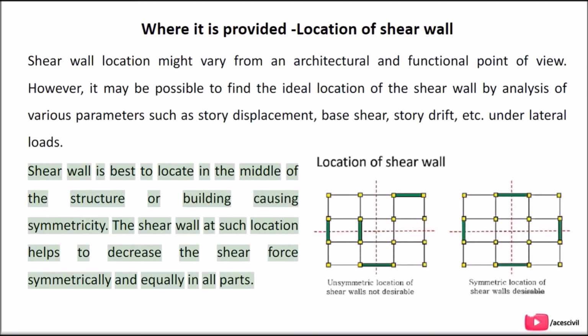The shear wall is best located in the middle of the structure or building, causing symmetry. The shear wall at such a location helps to decrease the shear force symmetrically and equally in all parts.